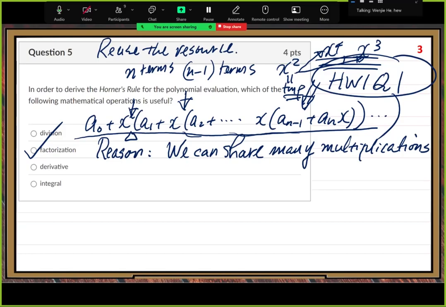So use variables. For x squared, we store it in var0, the first variable. x cubed, we store it in var1. x to the 4th, we store it in var2. After you store them, you can reuse them. Do not need to recalculate them.